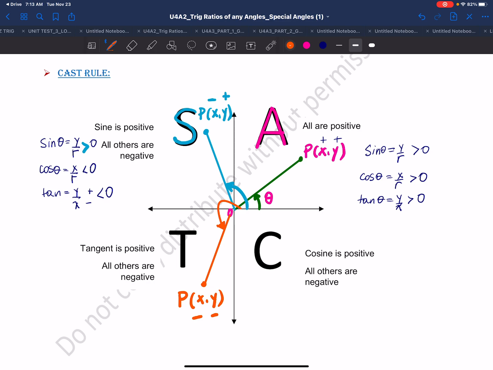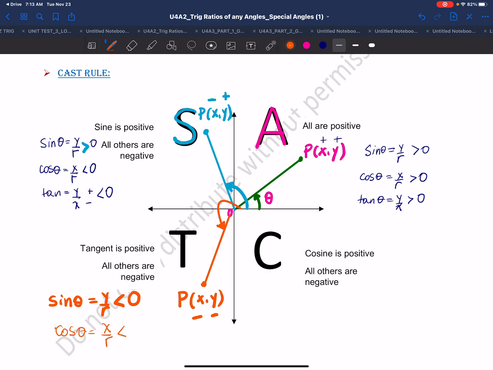Now, remember that sine theta, which is y over r, will be negative divided by a positive. Cosine theta will be x over r.